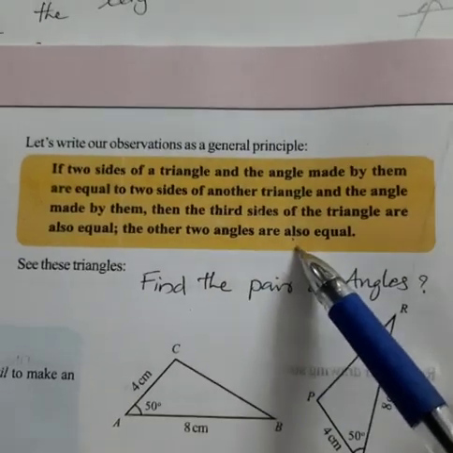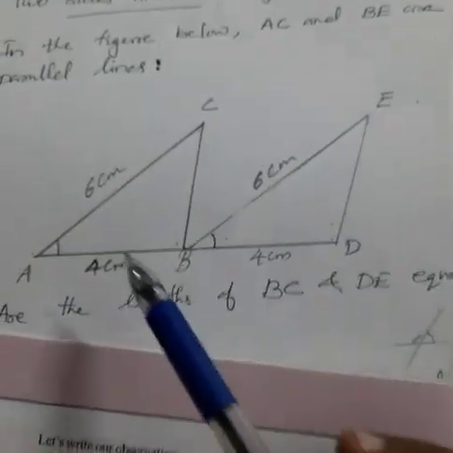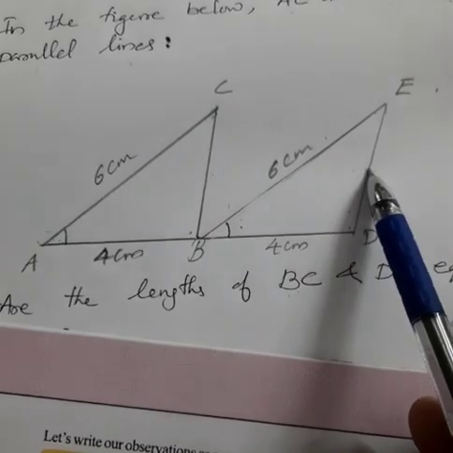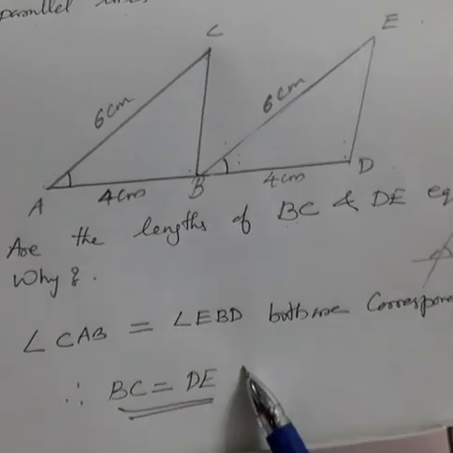The other two angles are also equal. Therefore, we can write BC is equal to DE. The reason is this principle. So opposite of these two angles are these two sides, so they are equal.